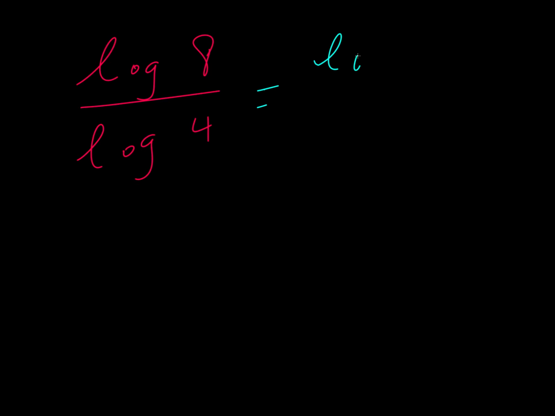Keep going. Okay, now we have log 8 over log 4. What we're going to want to do on this one is write these using the same base, if at all possible. And 8 and 4 can be written using the same base. So we can do log 2 to the 3 and log 2 squared.